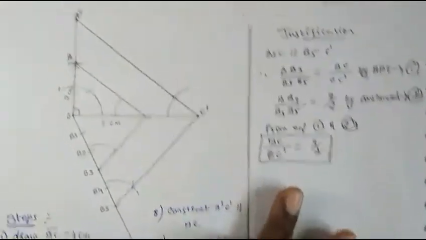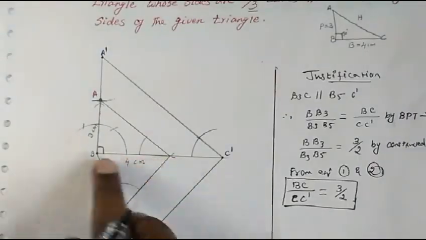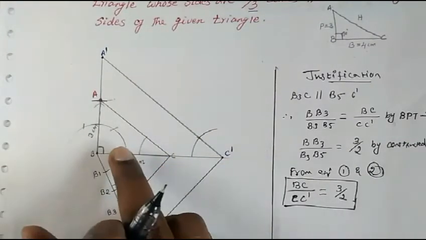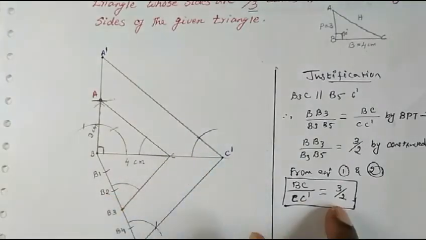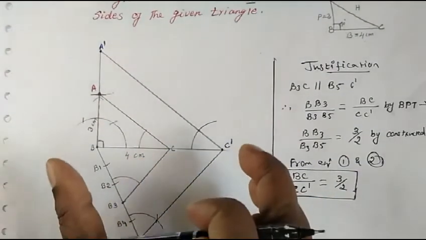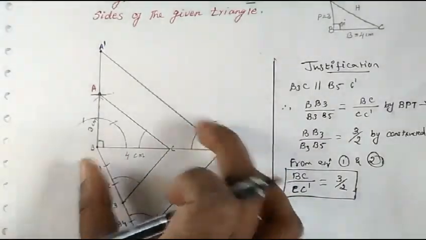Let's keep this. So this we have proved, BC upon CC dash, this is 3 part and this is 2 part. That's what we have written here. But what we have to prove is this bigger triangle.